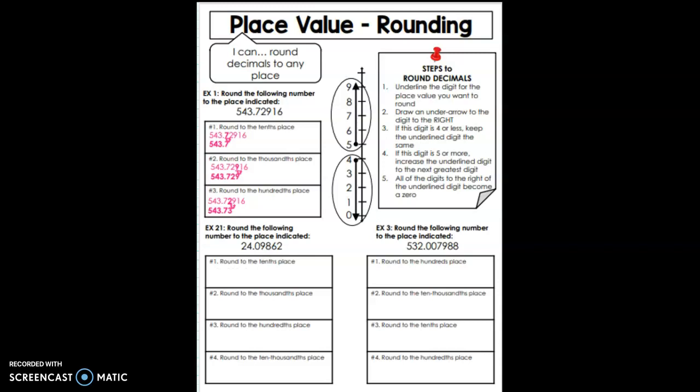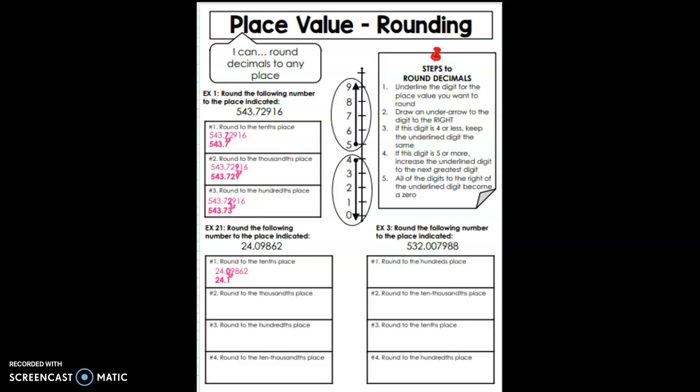Look down at example 2. Rounding to the tenths place, we're going to use that 9 to determine whether it's a 0 or a 1. Since it's a 9, we change it to a 1. Rounding to the thousandths place means that we are looking at the digit 8, but we're using the 6 to determine whether the 8 is going to stay the same or get larger.